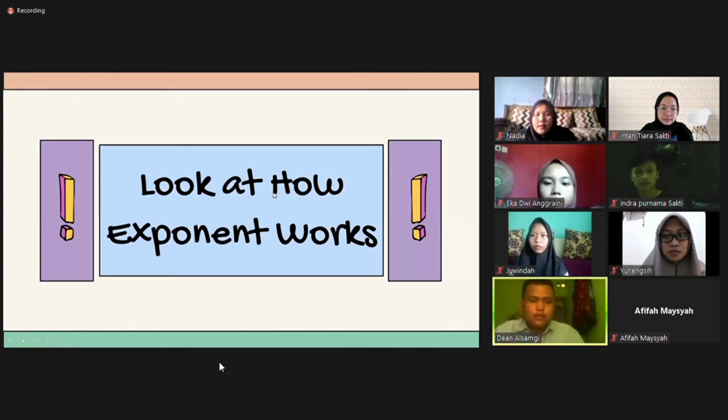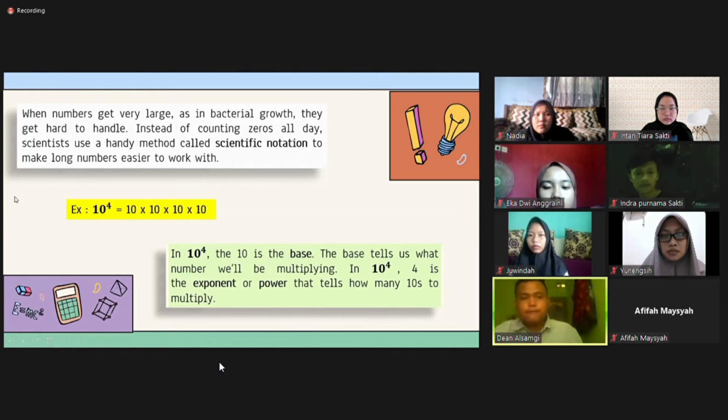Okay, next. Look at how exponents work. Exponent is a scientific method we use. When numbers get very large, as when bacteria grow, they get hard to handle.